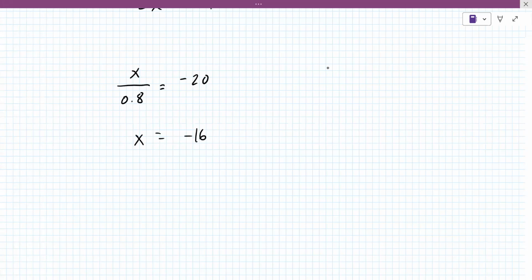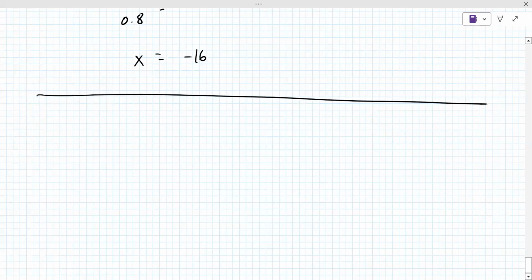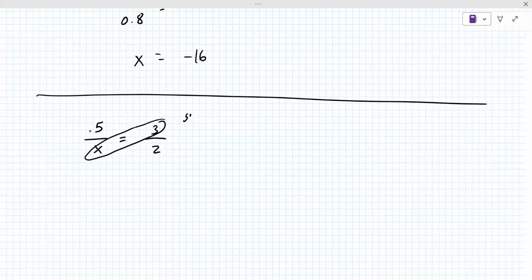Okay, now we're doing a lot of problems where the variable's in the top. Not always going to be in the top. Okay, let's go like 5 over x equals 3 over 2. So in this problem, you're going to have to do a couple of things here. One option is to always swap positions, not to multiply, but to swap.